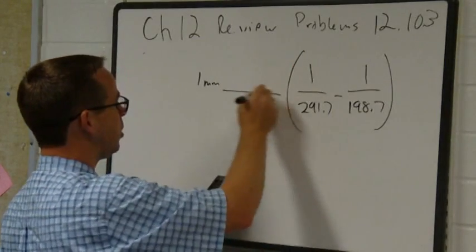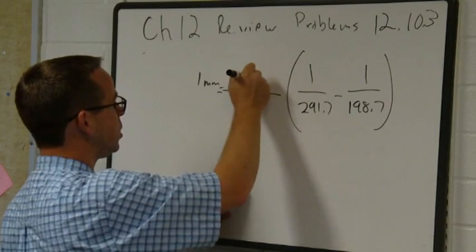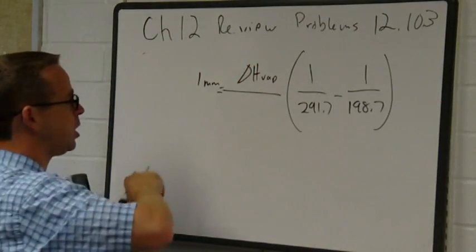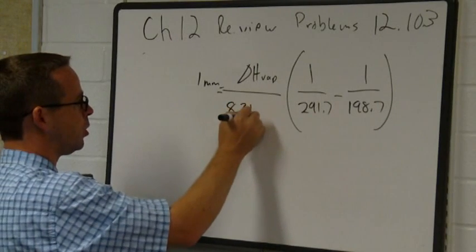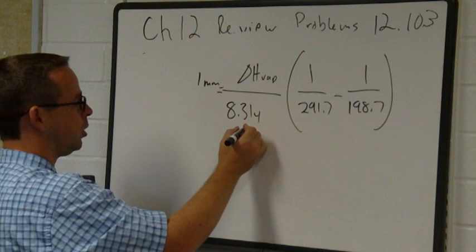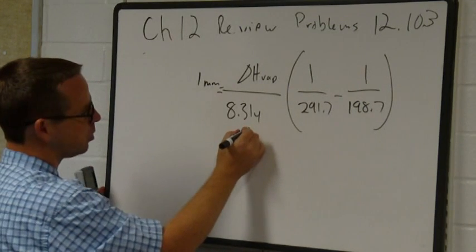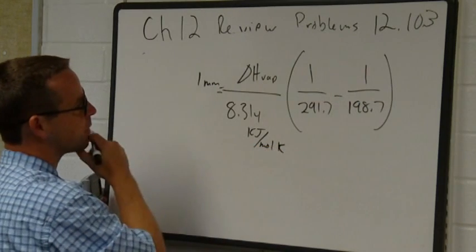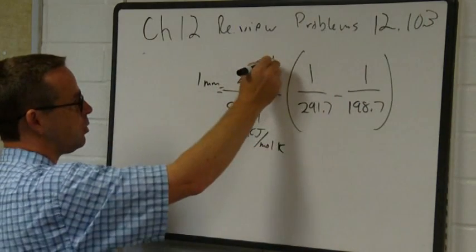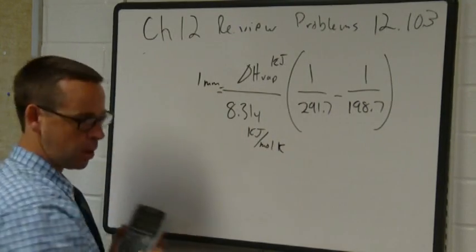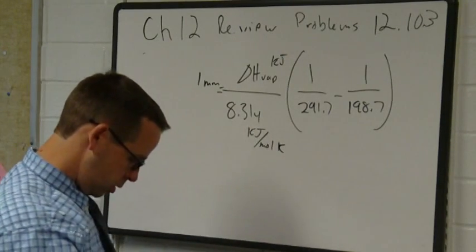All right, up here we can determine the delta H of vaporization. It's energy of vaporization, 8.314. This is going to be, again, the units of kilojoules per mole Kelvin. So that's going to have units of kilojoules here. We need to convert that 1 millimeter into atmospheres.